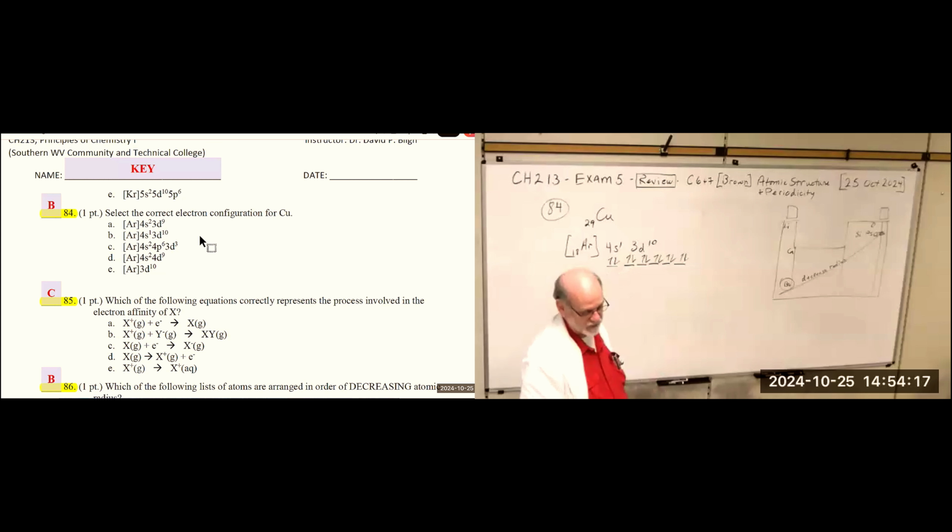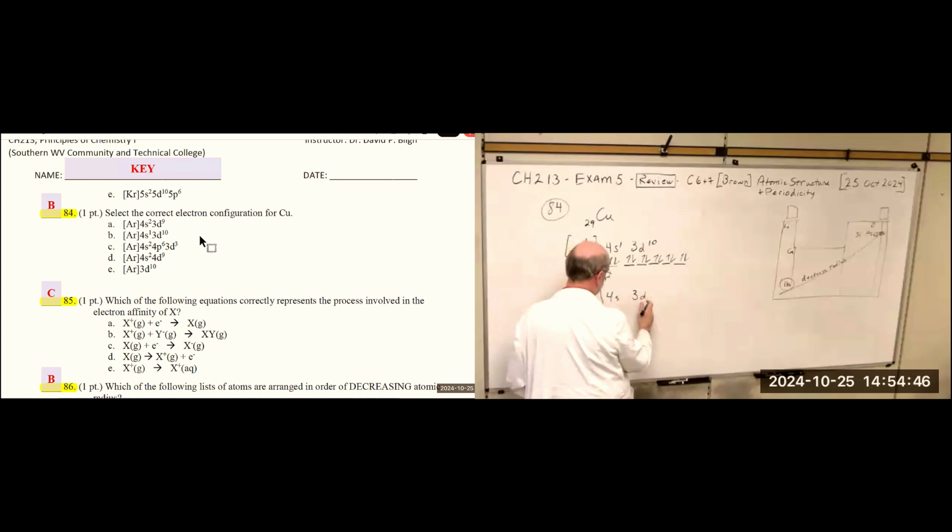I think that's why I put that one in there so that I could show you one of the anomalies. Now there's another anomaly in the 3d row. It's chromium. The chromium would be 24. And it would also have a core of argon. But it would have 4s and 3d. 18 from that is 6, right?